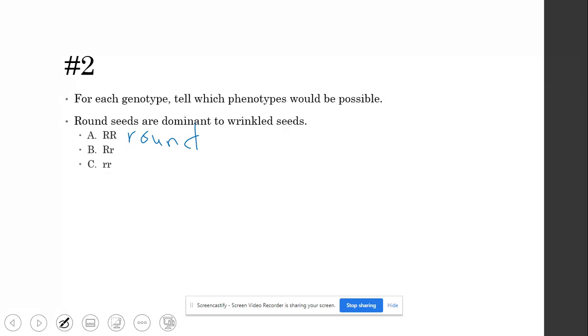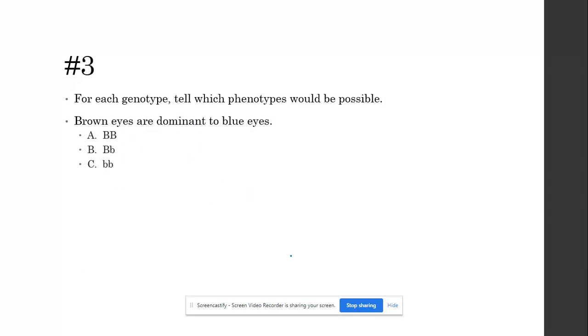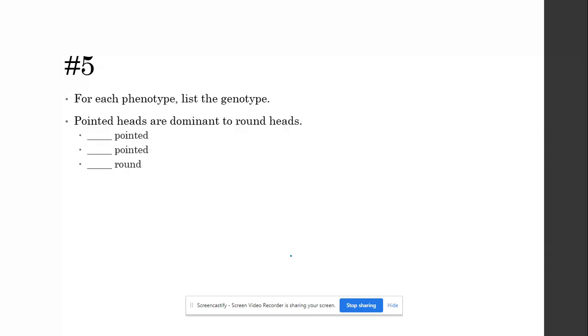Letter B has a big R in it also, so it is round. And letter C has no big R's, so it is wrinkled. So you're going to do that same thing for number 3 and for number 4.